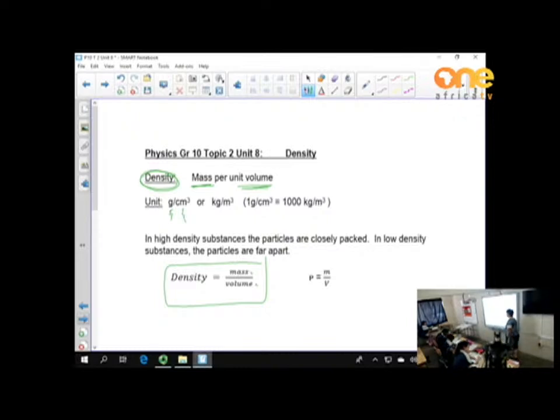Or we can work with kilogram per cubic meter. Now, we can write this unit as gram per centimeter cubed, or we can write it in the other way. It means the same thing.